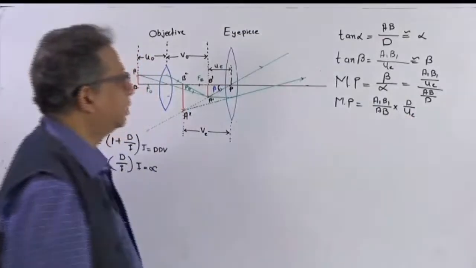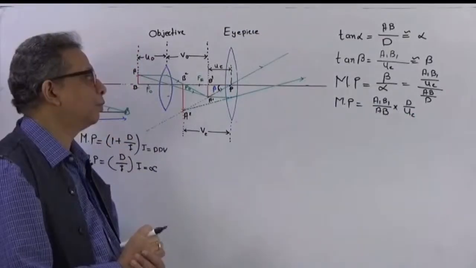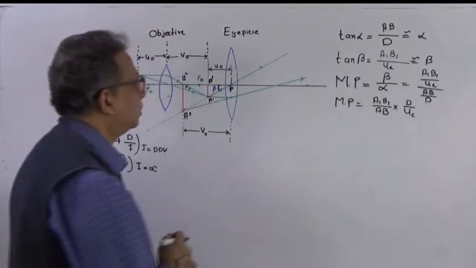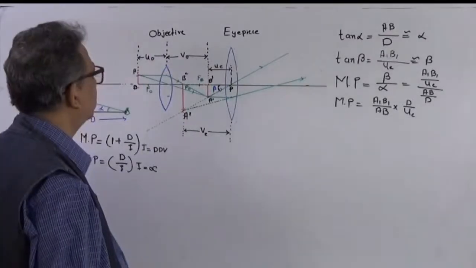So this is our magnifying power that I am going to get. Now what is A1B1 upon AB?